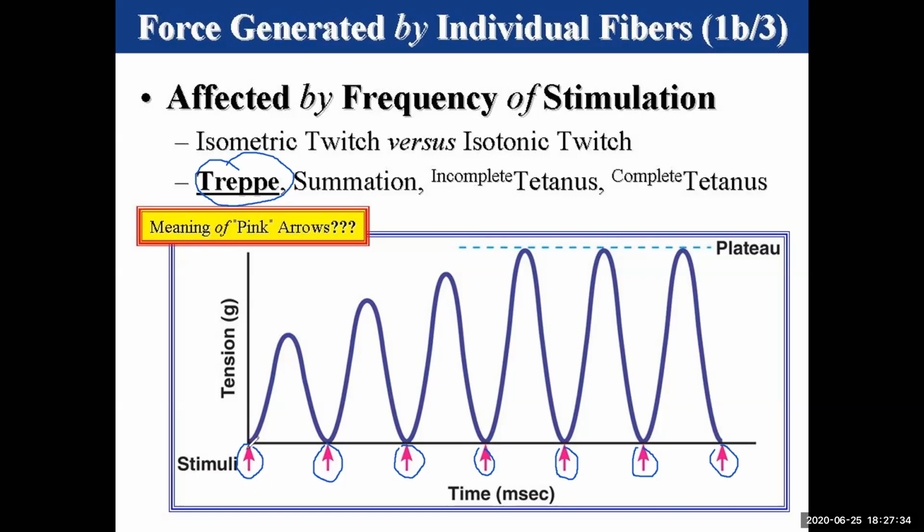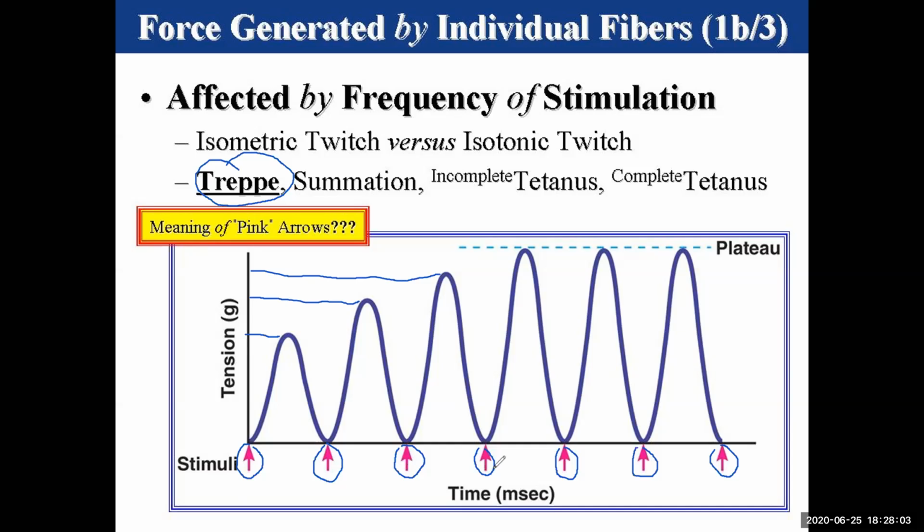So the first stimulus generates this much tension. You let it come back, you apply the same intensity, and the muscle responds by generating much more tension here. Let it rest, apply the third stimulus, and the muscle generates still greater tension, despite the fact that you did not increase the strength of the stimulus.